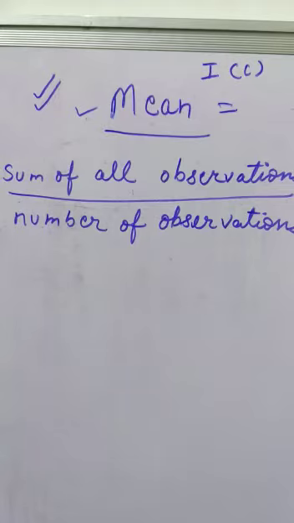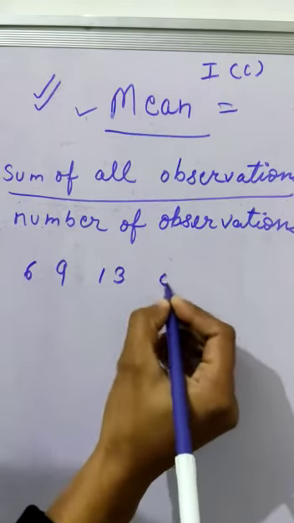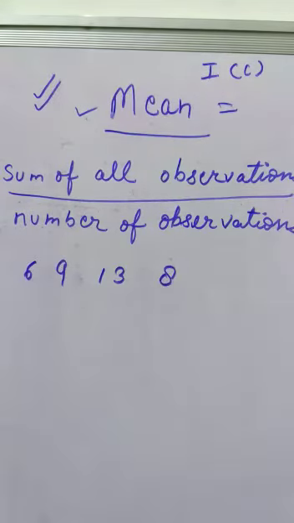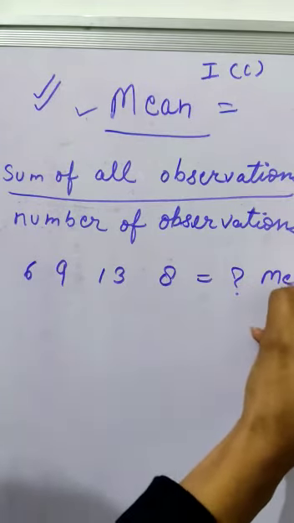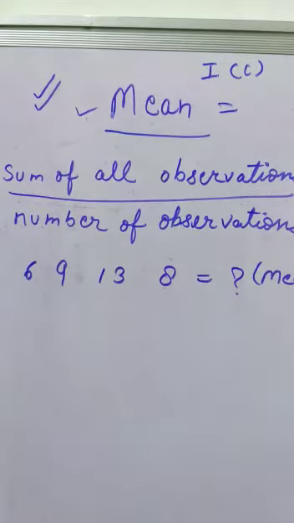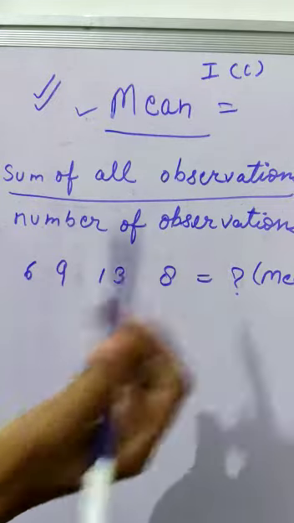Suppose we have some data, like 6, 9, 13 and 8. This is the data we have, and we have to find the mean of this data. So how can we find it? The simple formula is: mean is equal to the sum of all observations.